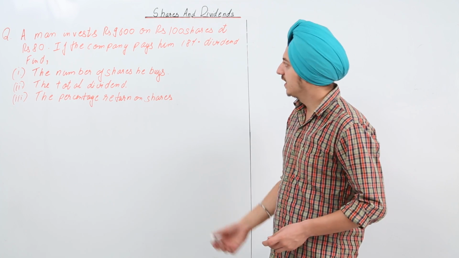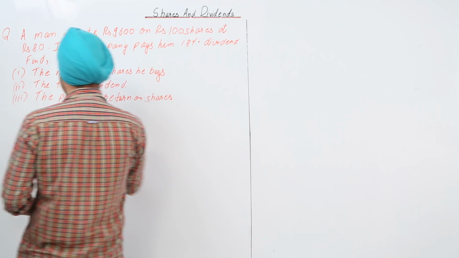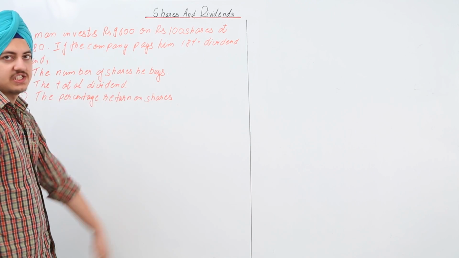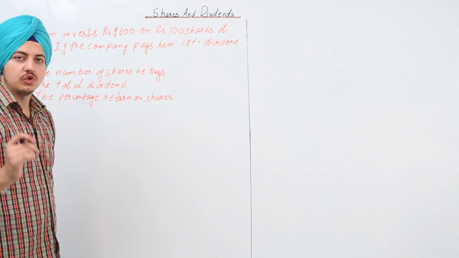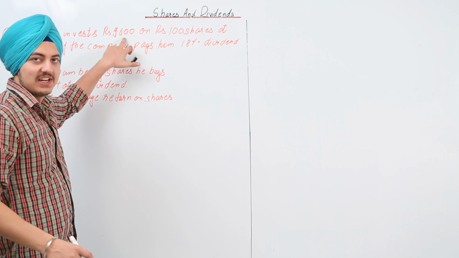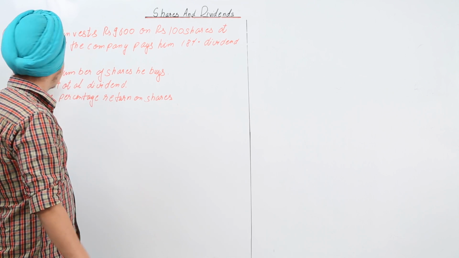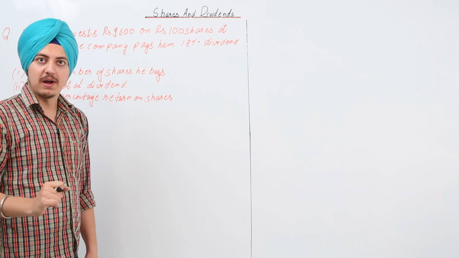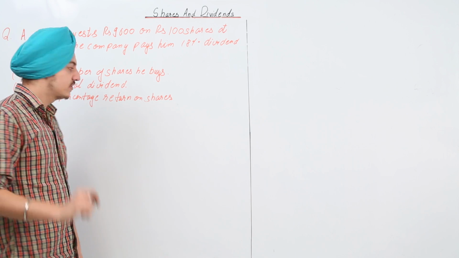So how do we go further? First of all, we find out the first part that says the number of shares he buys. We know that the total money invested is rupees 9600. The market value of one share is rupees 80. So if we divide 9600 by 80, we will get the number of shares.